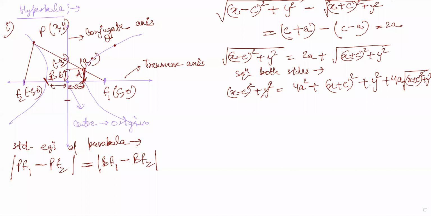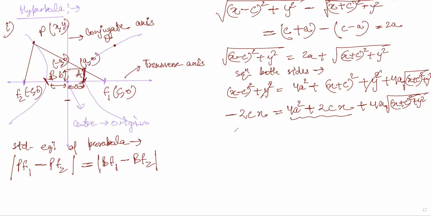So this cancels out this. This is x square plus c square. This is also x square plus c square. Here you will get minus 2cx. Here you will get 4a square plus 2cx plus 4a root over. Now, if you take this to the left hand side and square again, then this becomes 4c square x square, right?